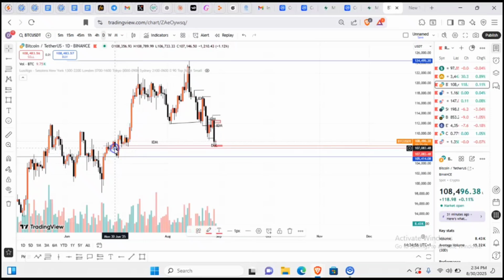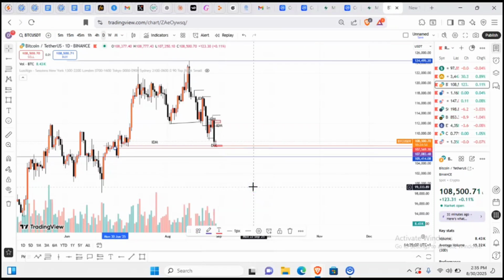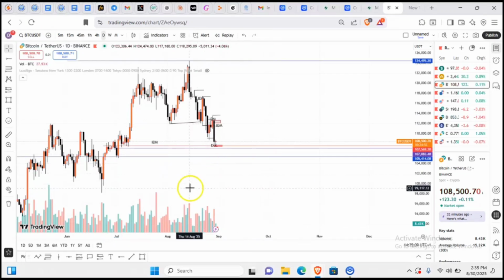Put the line there, and I'll change the color to purple. Okay, that's the color there, and the low here will be more or less like my stop loss, because usually price does not go below 50% of that.